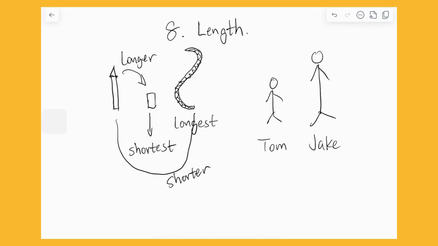And we have here Jen. Okay, who is the tallest? We can see Jen is the tallest. Okay, and who is the shortest? Tom is the shortest.